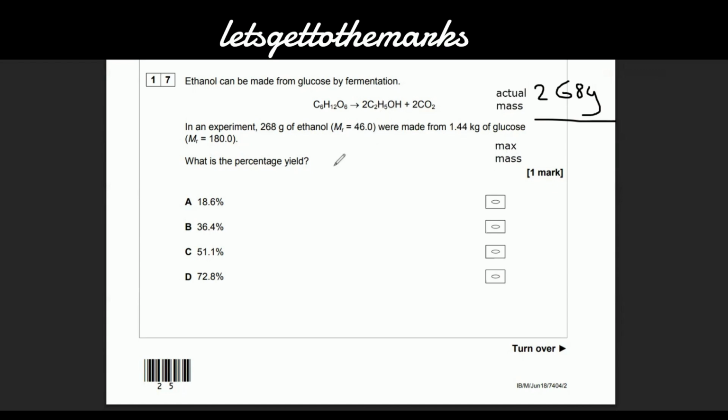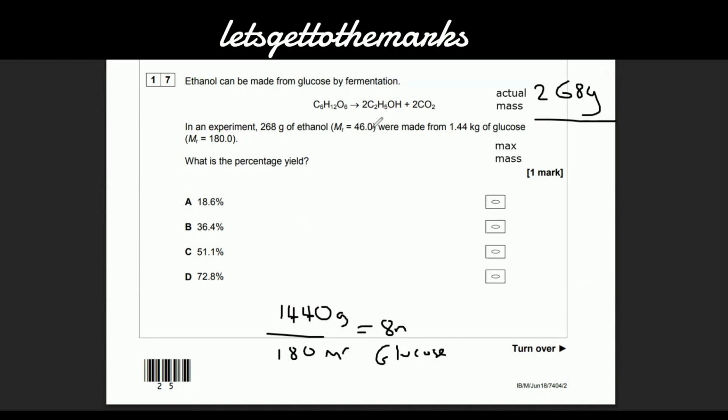I had 1,440 grams of glucose, and if all of that reacts, I divide by 180, the Mr of glucose. 1,440 divided by 180 gives 8 moles of glucose.